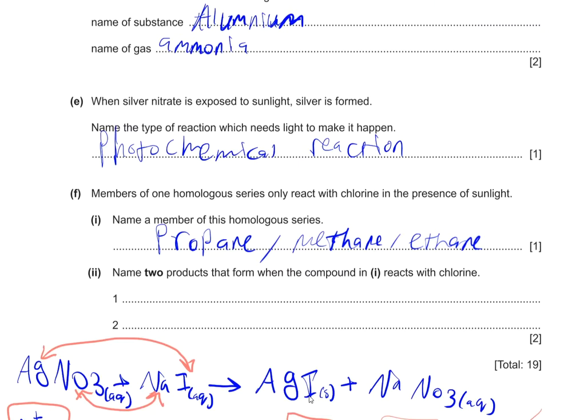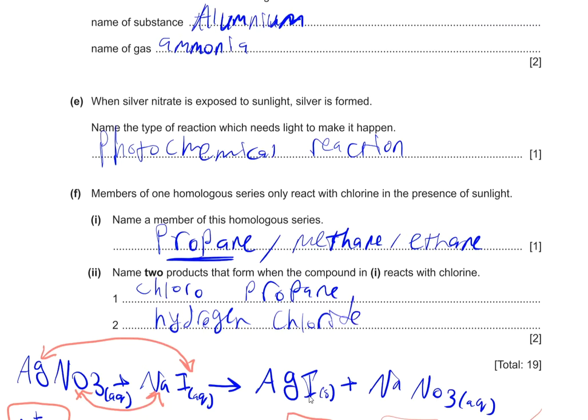Name two products that formed when the compound in I reacts with chlorine. So let's stick with propane. So the product would be chloropropane, and the other product would be HCl, hydrogen chloride.